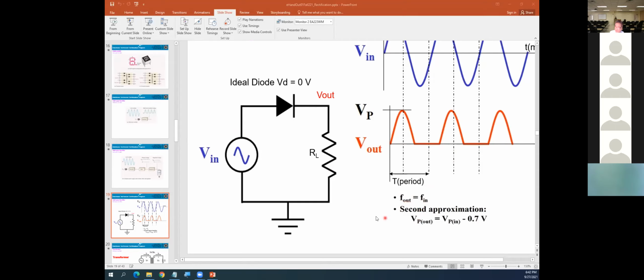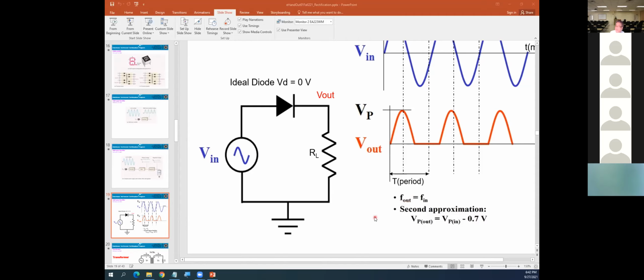Now, also they mention here, for the second approximation that you're normally working on, when the diode turns on, they will be 0.7 V DC. Positive on this side, negative on this side.